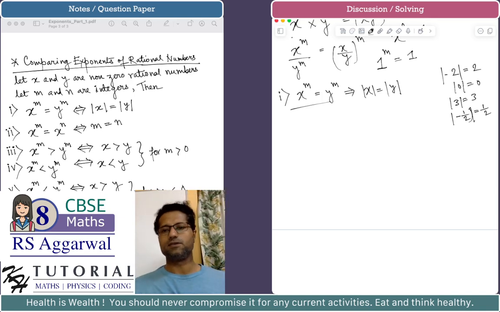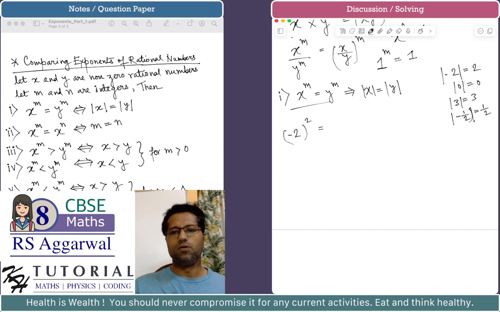Why can't we say x equals y? Because if m is even, consider this: -2 raised to the power 2 we know is equal to 2 raised to the power 2. Why? This thing is nothing but -2 raised to the power 2.